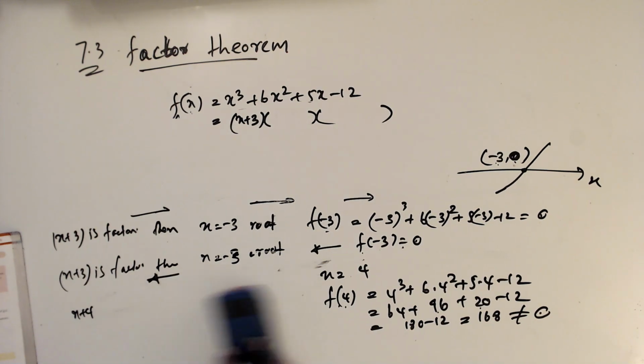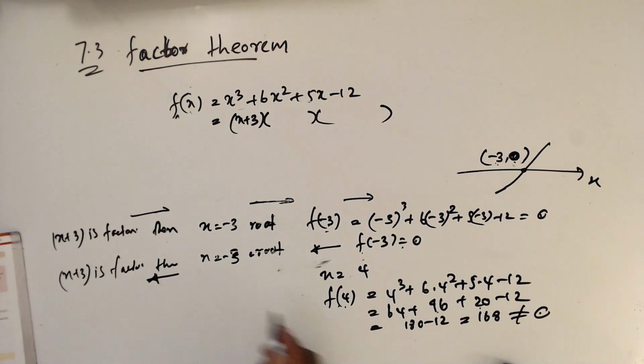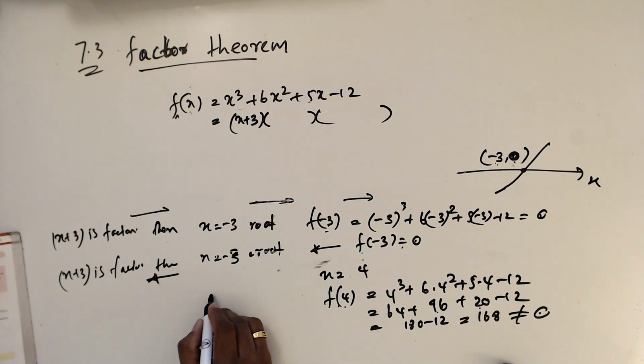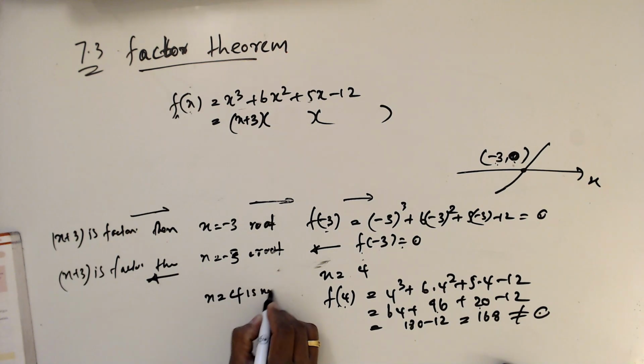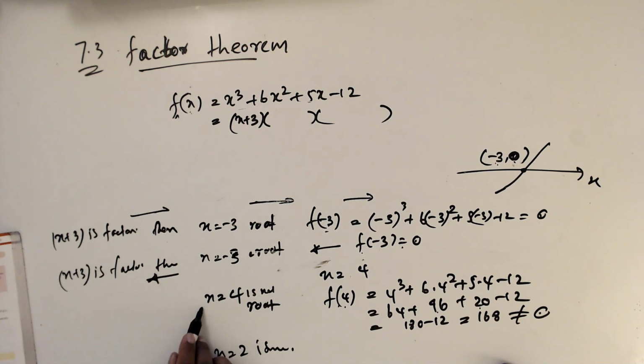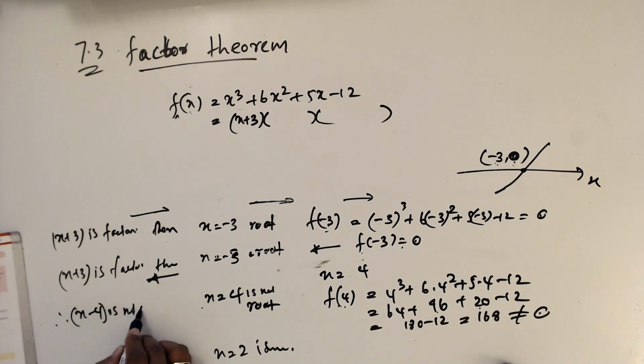Sorry, let me correct it as I should. So what we tell, hence, x equal 4 is not a root. x equal 2 is not a root. Now x equal 4 is not a root, hence x minus 4 is not a factor.